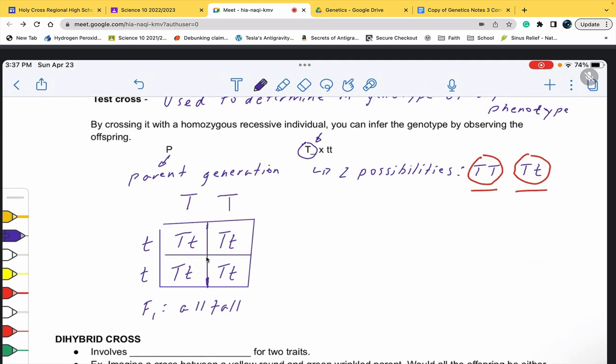Since they're all tall, if we saw that all the offspring were tall when we cross whatever the parent was with the little t, we could then infer that the original parent had this combination, big T, big T.